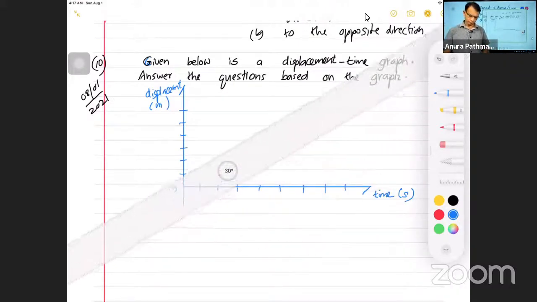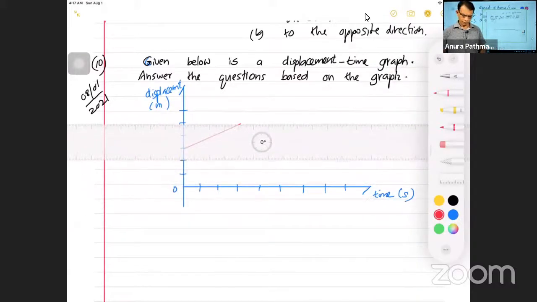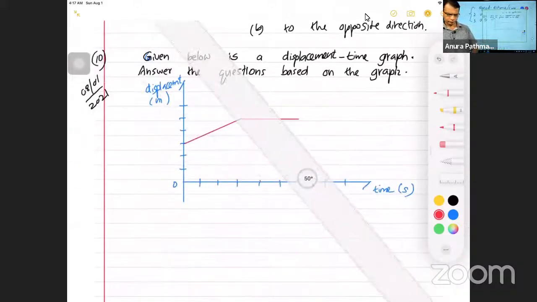So it starts something like this, and then continues right here, and then it comes to this position.